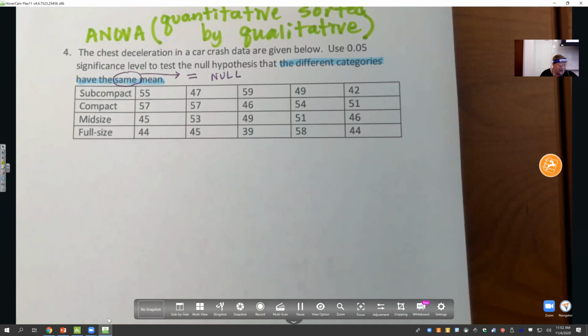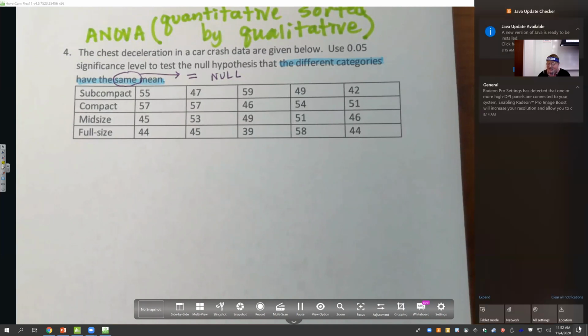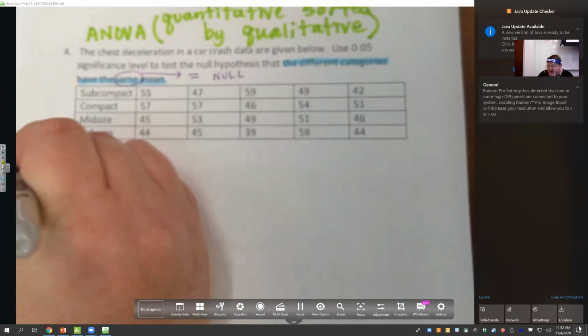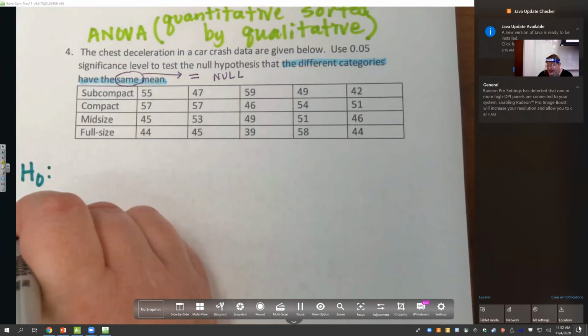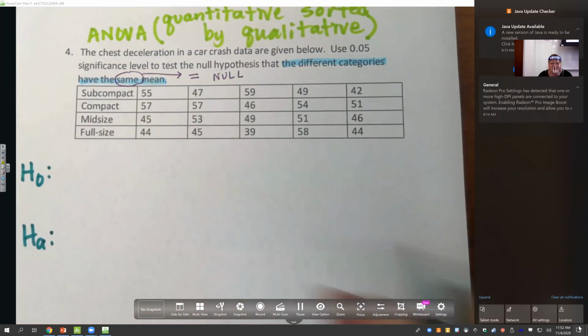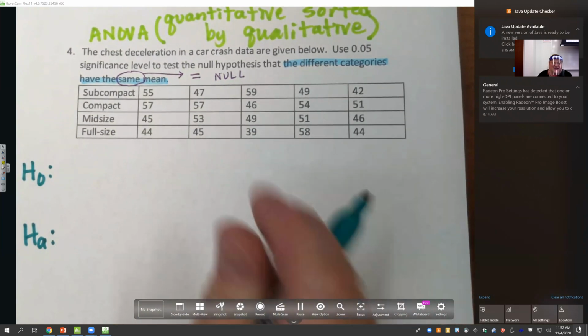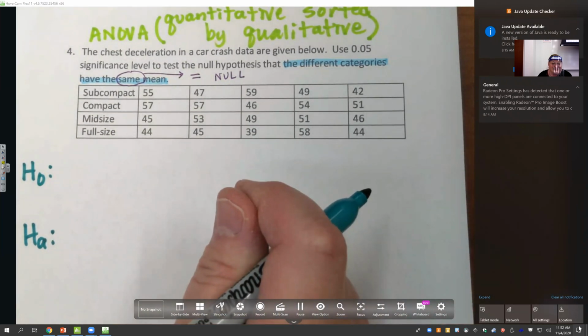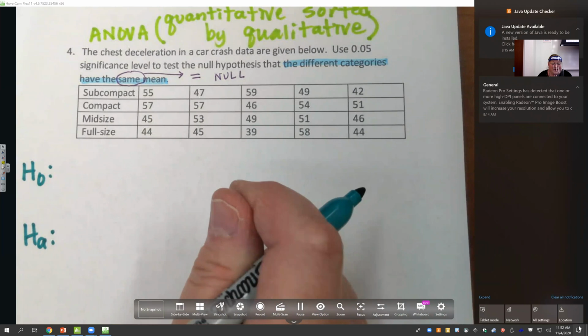So our first step, as is the case with any hypothesis test, is to state the null hypothesis and the alternative hypothesis. And they've kind of already told us what we have is the null.